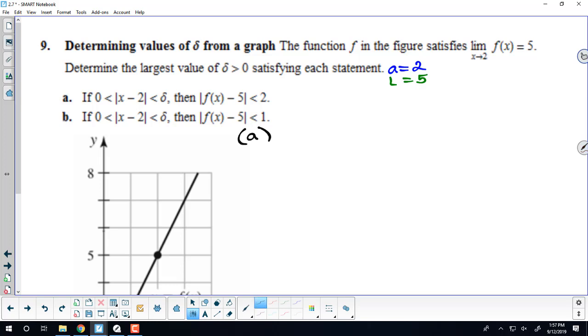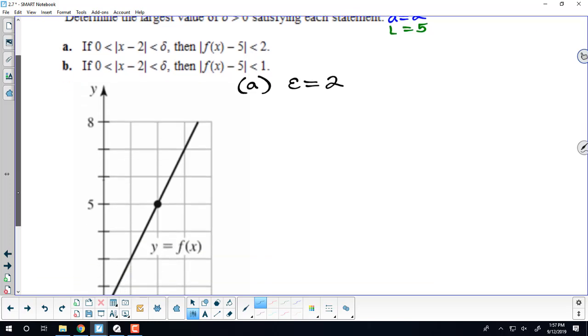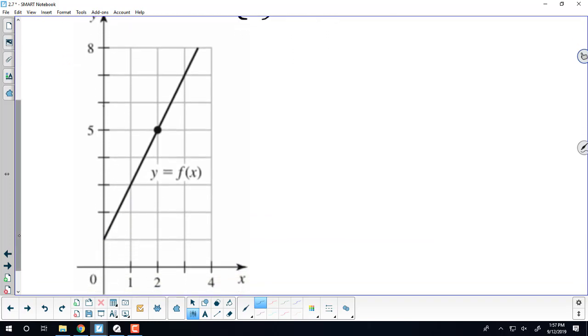Part A, we're given epsilon is equal to 2. So notice what doesn't change here. We're always looking at the limit as x approaches 2 of that function equaling 5. Okay, so I'm just going to mark here's our a and here's our L.